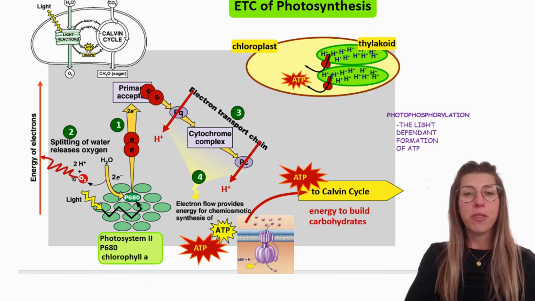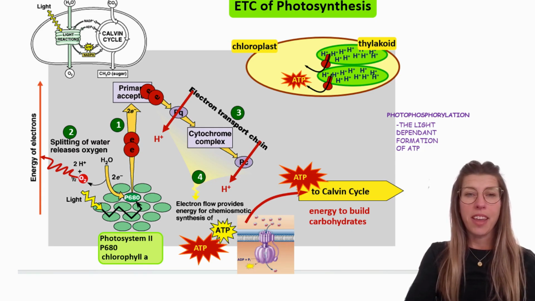These are the complexes of proteins embedded in the thylakoid membrane that enable the electron transport chain to occur. So you could see those electrons starting to pass along the complexes, and as the electrons pass through the complexes, this activates those carrier proteins to pump hydrogen protons across the membrane.